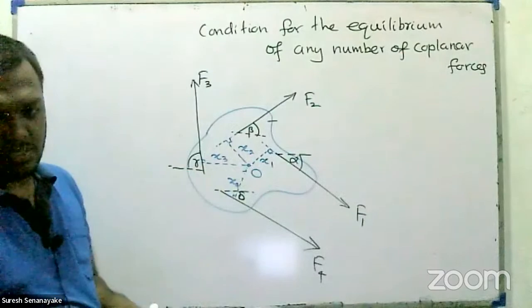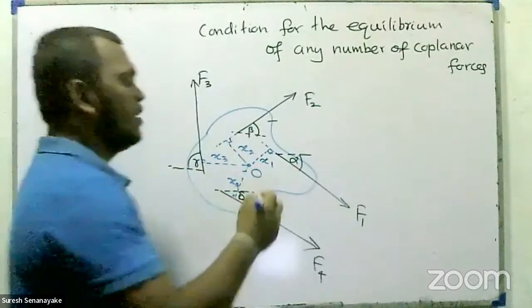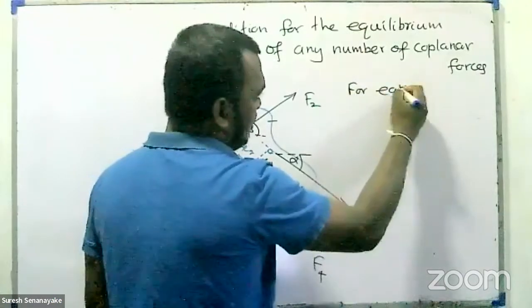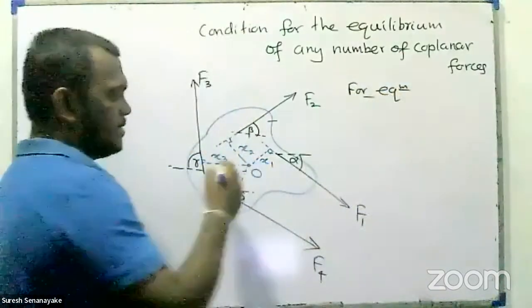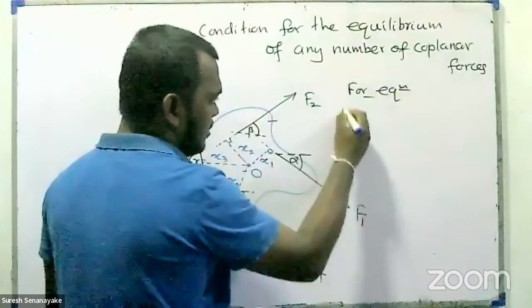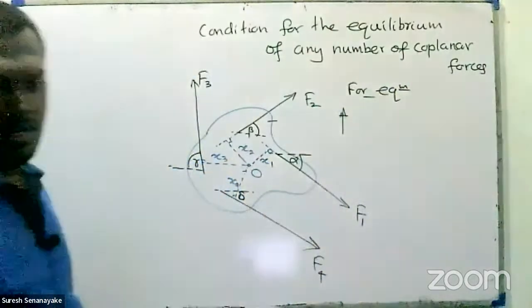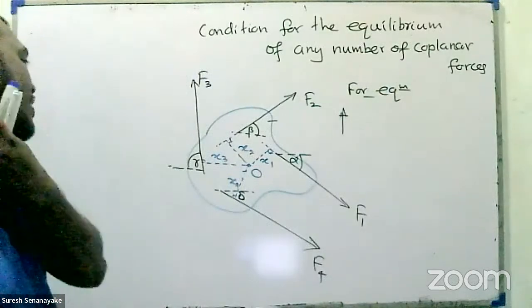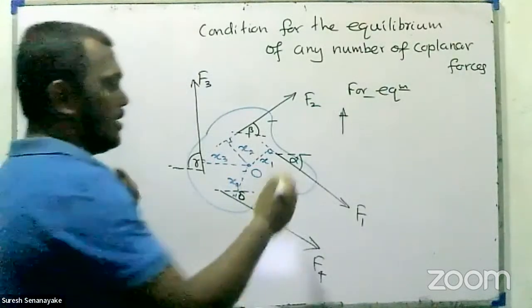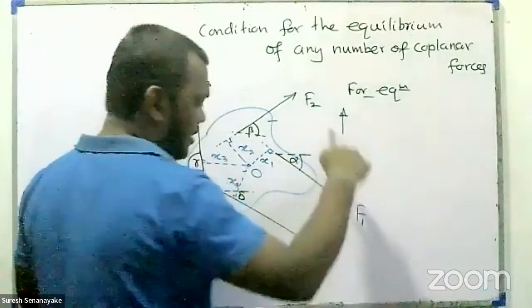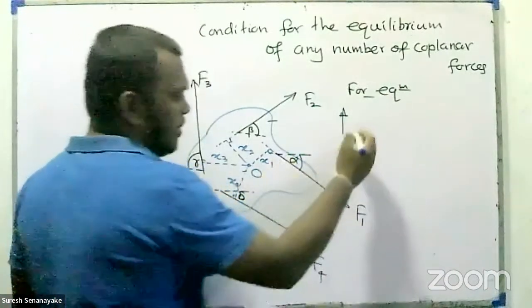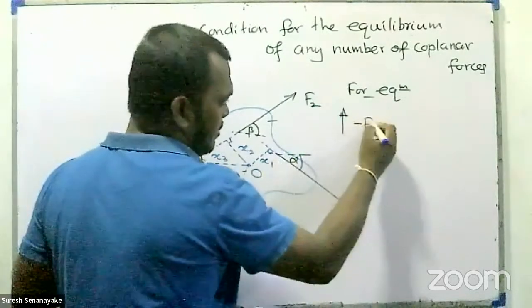So according to these conditions, the equilibrium we can see. And if you consider the resultant along the y direction, which we can write: F1 is minus this, the component downward, there is minus F1 sine alpha.